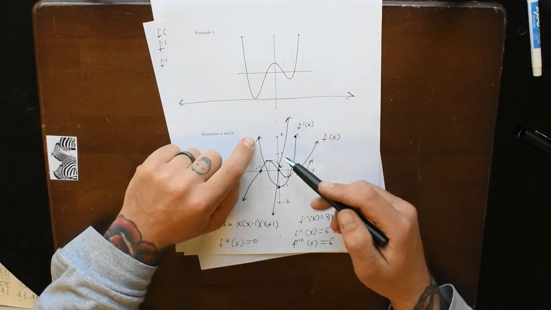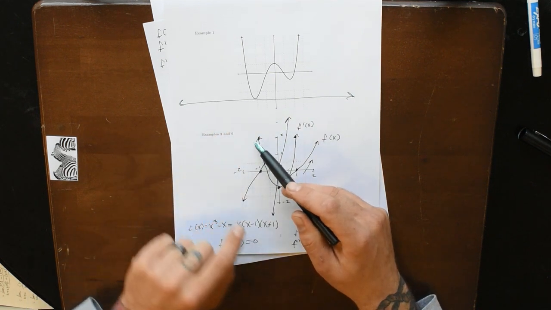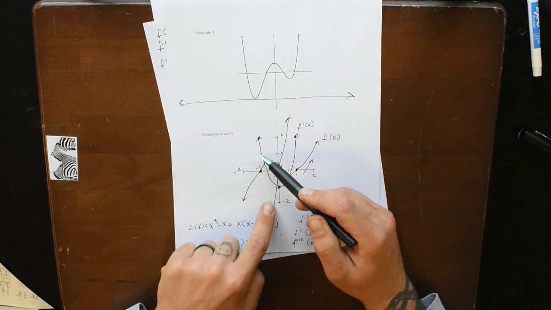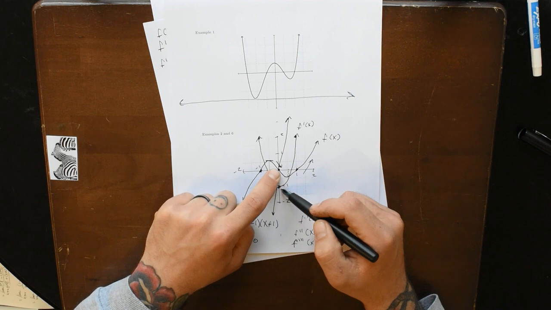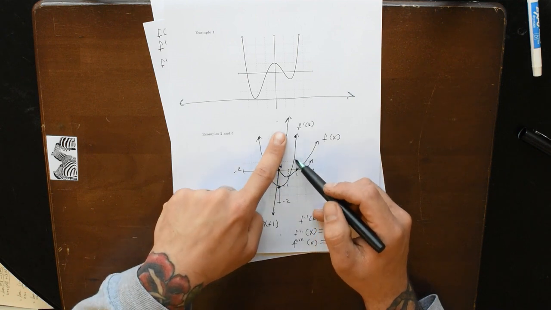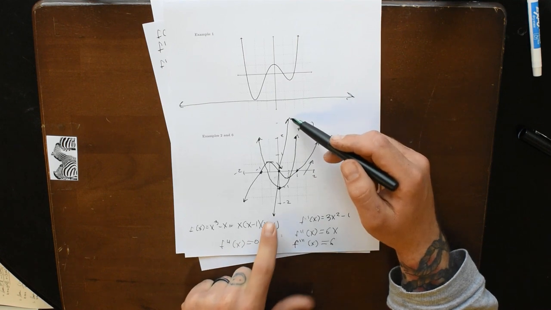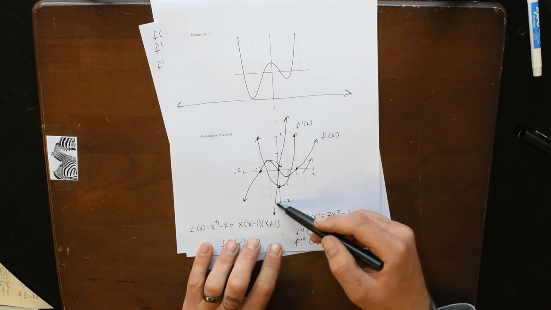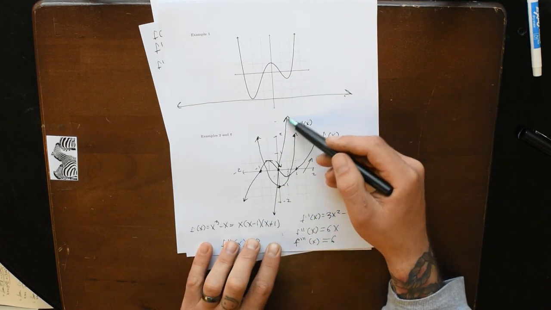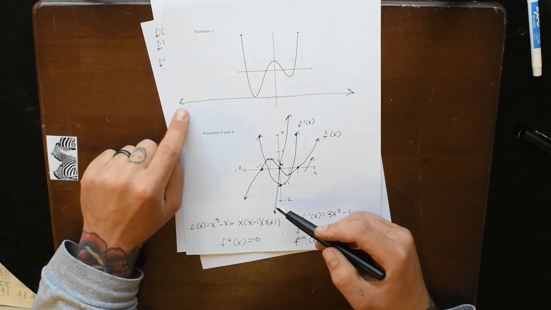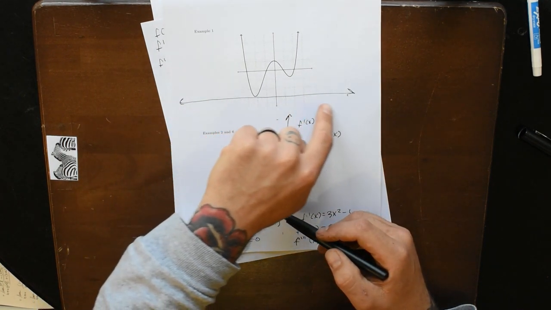Now, if you look at f prime, wherever our function was decreasing, the derivative was negative, and wherever it was increasing, it was positive. If you look at the derivative of this line, this function is always increasing, so that's why this function is always positive.